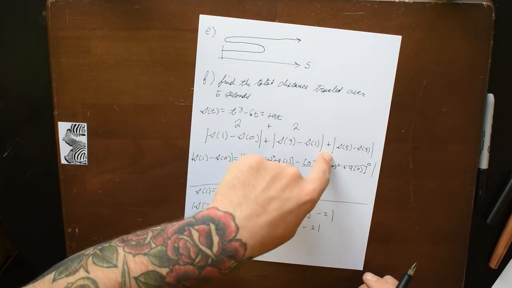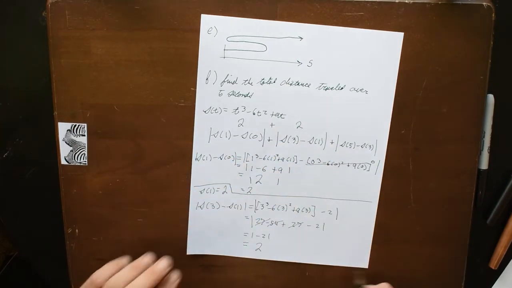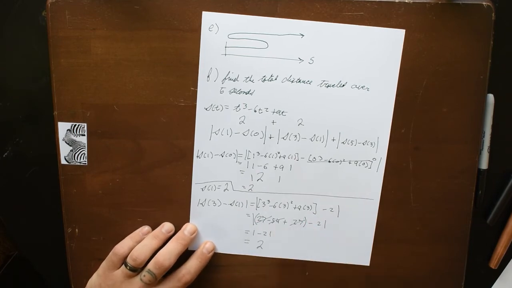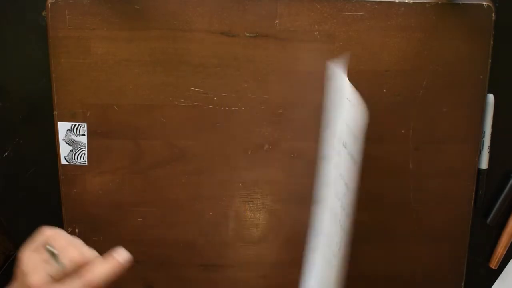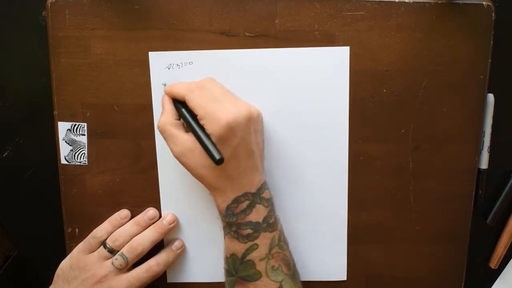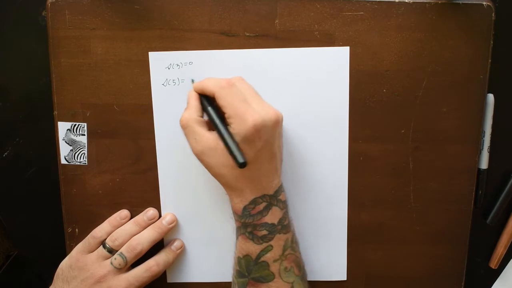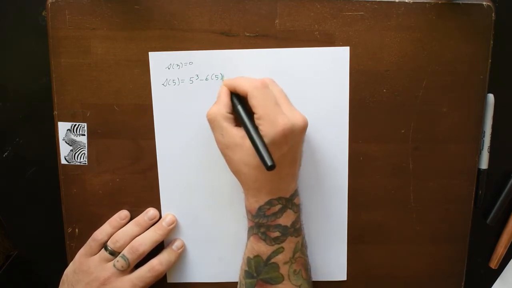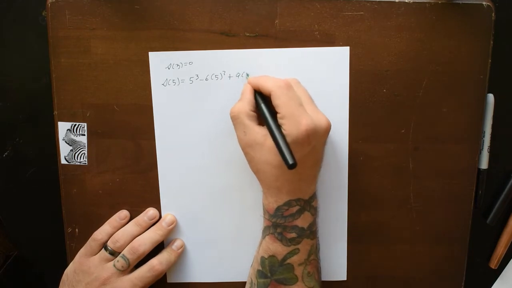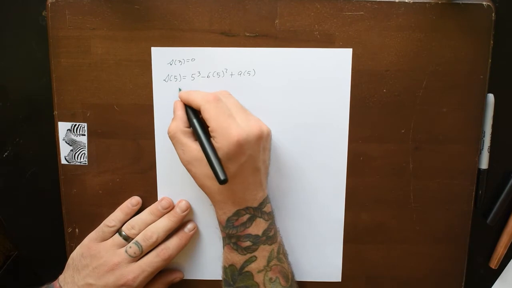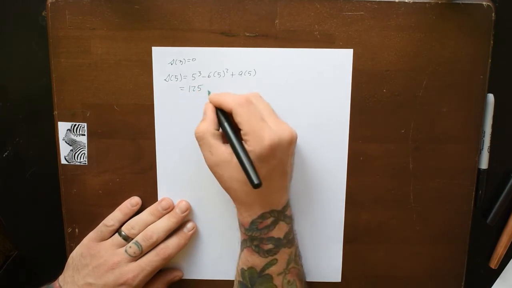Finally, we need to calculate s of 5. We have already figured out that s of 3, this part right here, equaled 0. So on the back side, we know that s of 3 is equal to 0. S of 5 is going to be 5 cubed minus 6 times 5 squared plus 9 times 5. 5 cubed, if you have 5 quarters in your pocket, you've got $1.25.